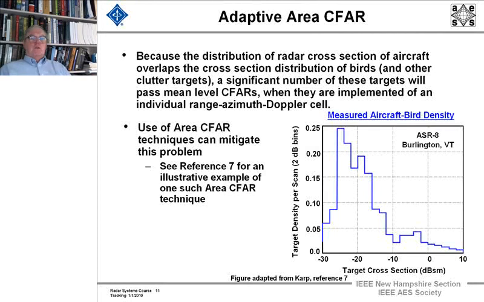But one thing that was noticed when the moving target detector, or would be noticed with any pulse Doppler ground-based system, in this case an ASR 8 equipped with the second generation moving target detector, at a site in Burlington, Vermont, particularly chosen because it was near the Green Mountains, which as you're at the airport, you could look up and see just a row of mountains about 12 miles away from you.